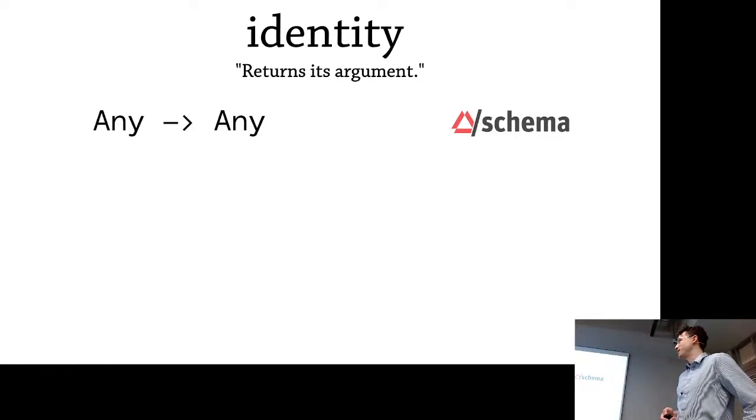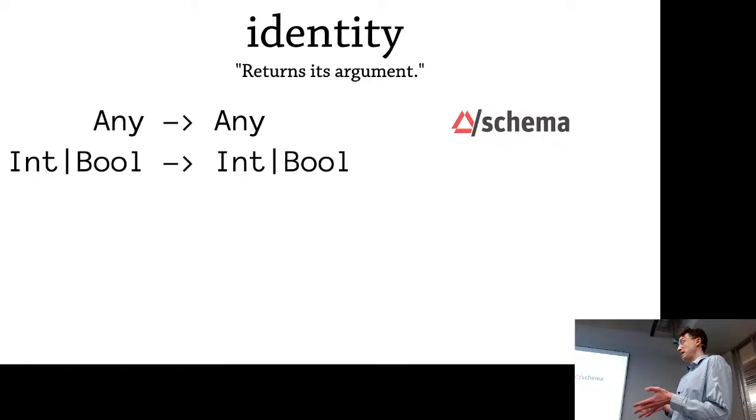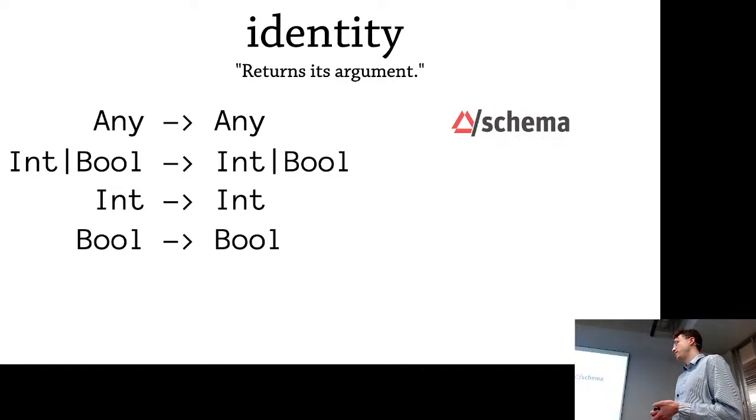This is more like typed Clojure syntax. So any to any, I guess technically, if you give anything to identity, you get back anything. This is a good, maybe not sufficient, spec. So if you give it an int or a bool, you're going to get an int or a bool back. Fair. Same with ints. If you give it an int, you get an int back. If you give it a bool, you get a bool back.